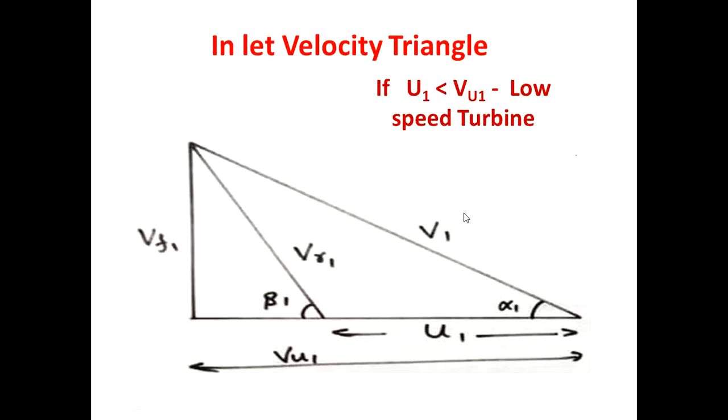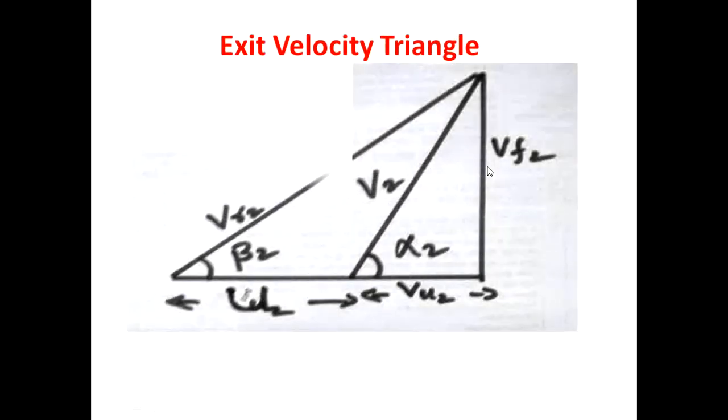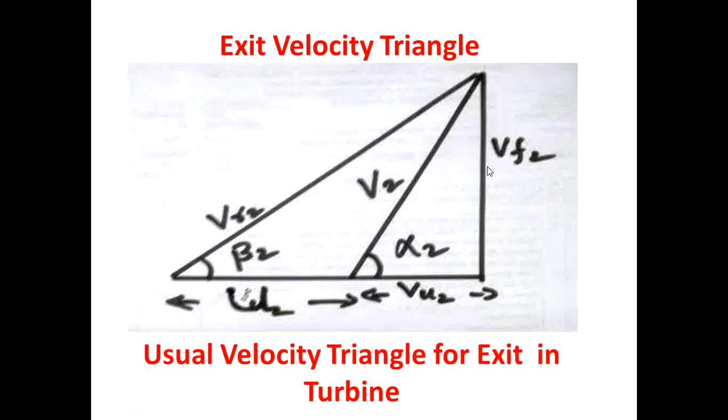Already I told you, if the blade speed is less than the tangential speed of the fluid, this is a low speed turbine. That is, rotor speed is low compared to the tangential speed of the fluid. Therefore, this is the usual velocity triangle for exit in the turbine. Exit velocity triangle you want to write like this.